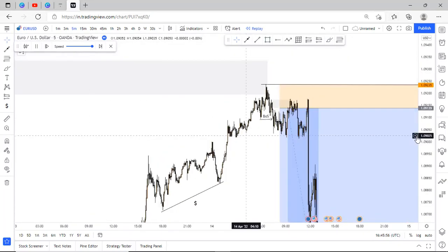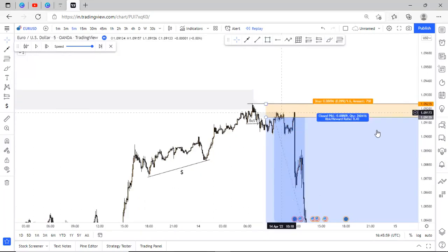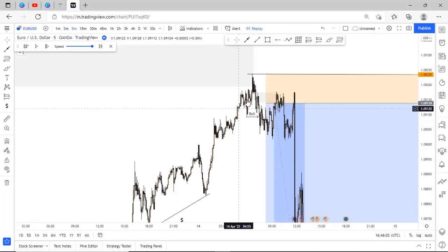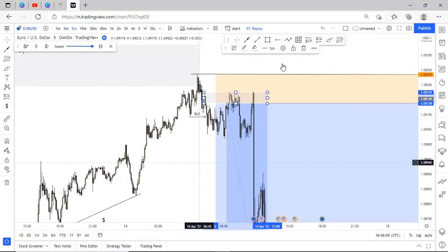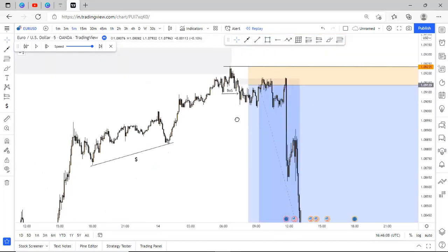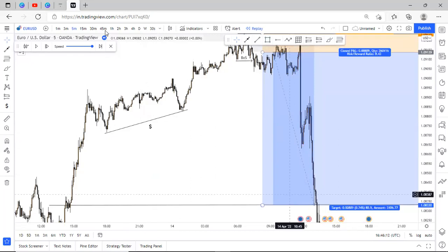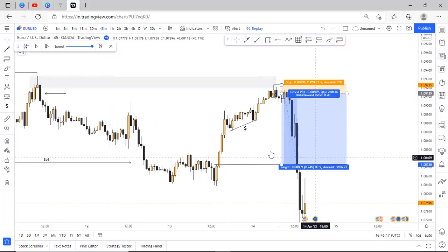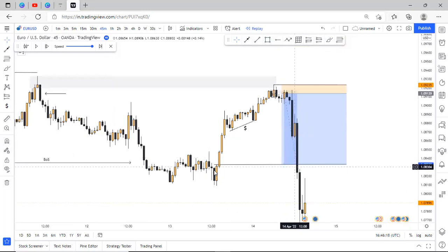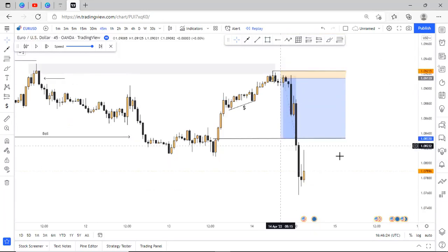The market came back another time to this same zone again, mitigating this area, and the market cleared out this liquidity right here, and our 45 minutes imbalance and demand zone was mitigated, and price even went way beyond our take profit.